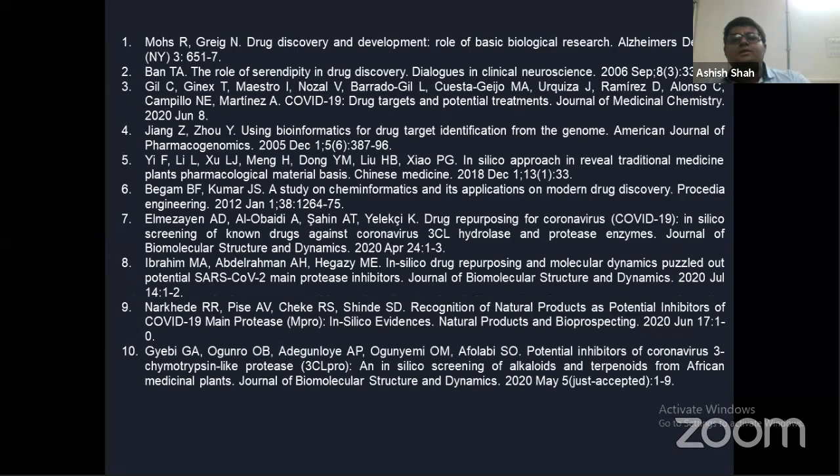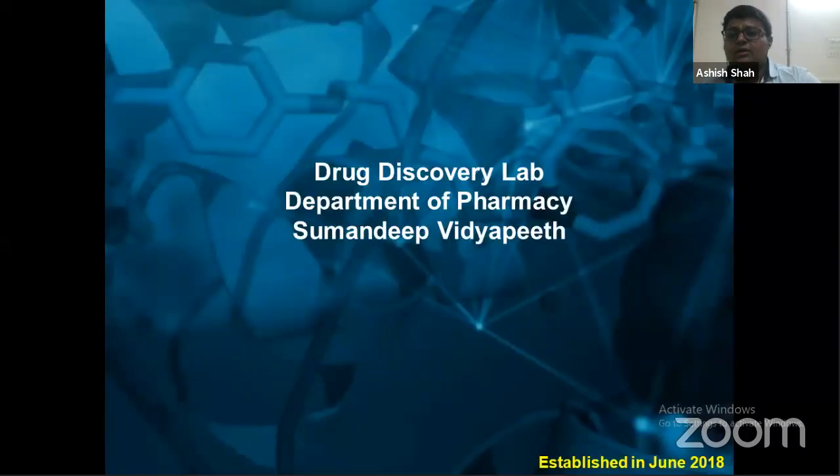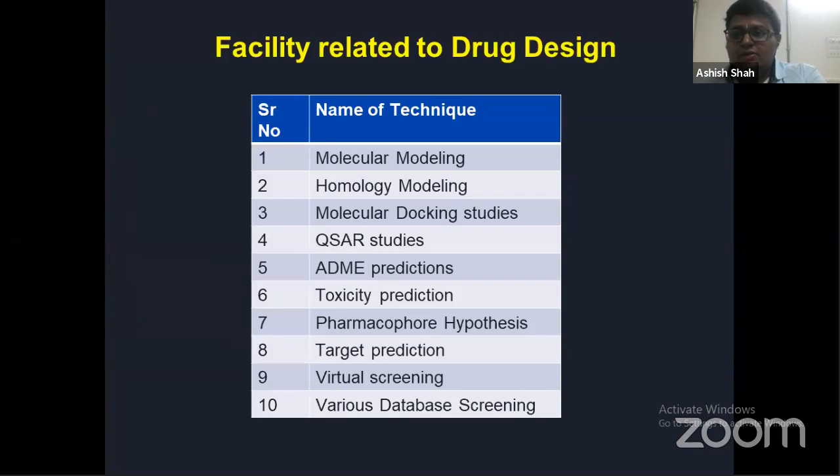Now these are the references from where I have taken the case studies and all these things. We have a drug discovery lab at our Department of Pharmacy, which was established in 2018. We are providing software-related facilities. We also give guidance for research papers and project work, and we have access to all these kinds of techniques in our drug discovery lab.